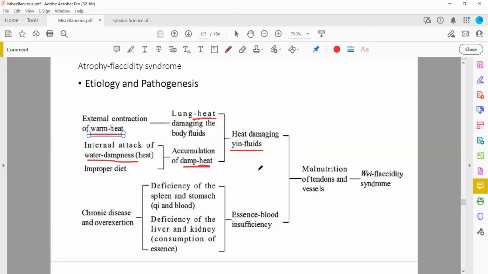Think about it, it's a type of yin deficiency, yin fluid or body fluid deficiency or insufficiency, right? So this one could be a combination of excessive and deficiency.